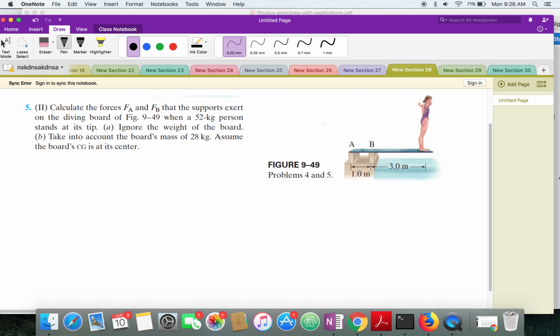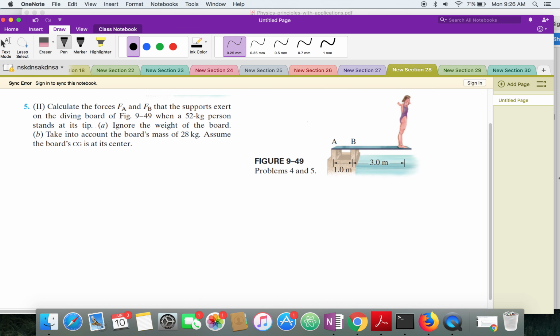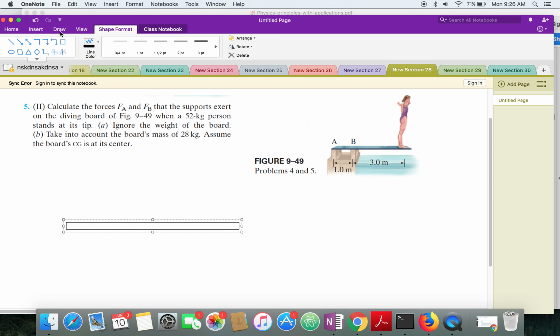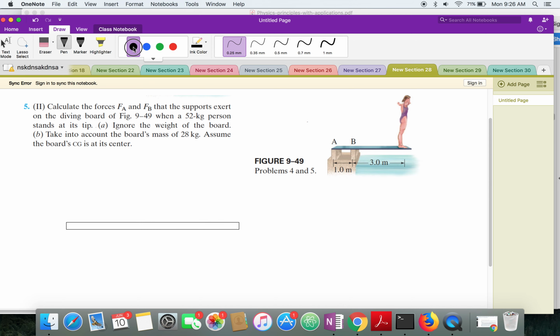So let's start with part A. We can draw this out and do a free body diagram, I guess. This is the diving board. I'm going to replace the woman standing here with a mass M, right at the edge.